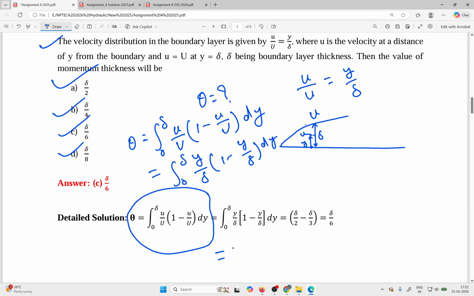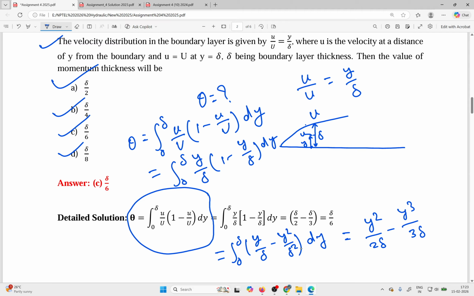So if I integrate, 0 to delta, your y by delta minus y square by delta square. So now you can write y square by 2 delta minus y cube by 3 delta square.